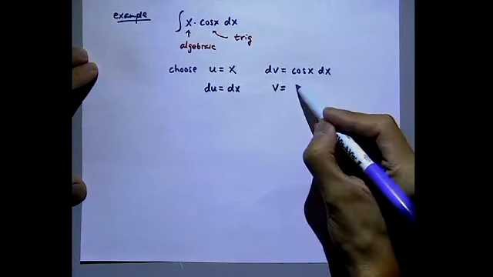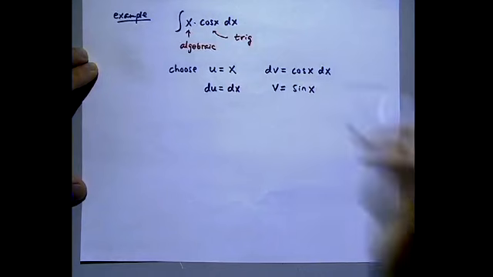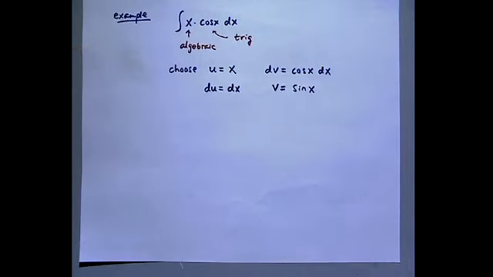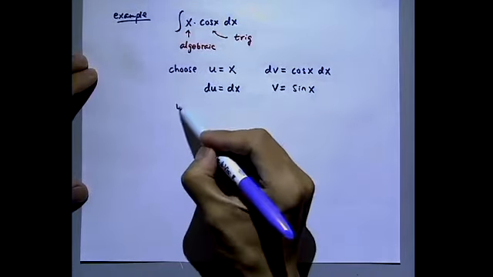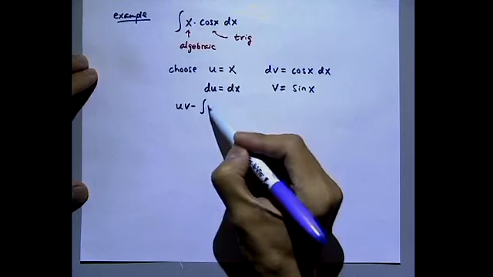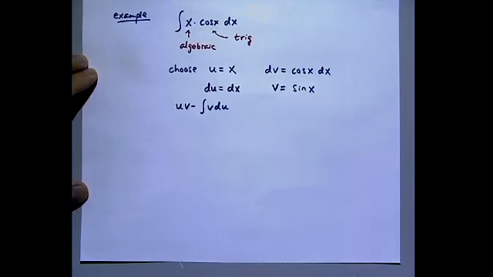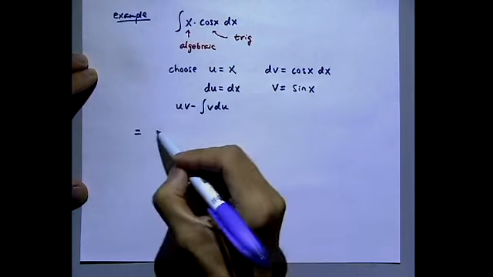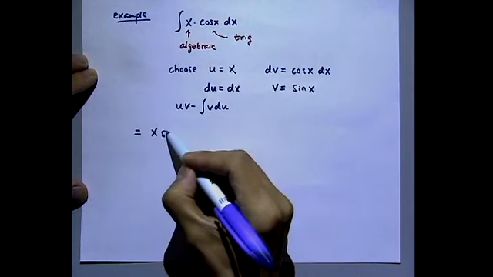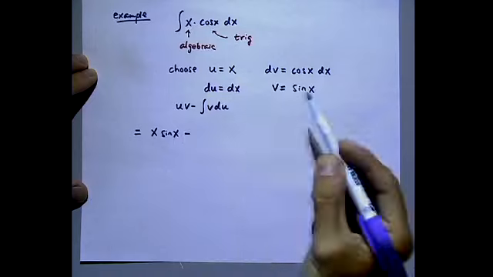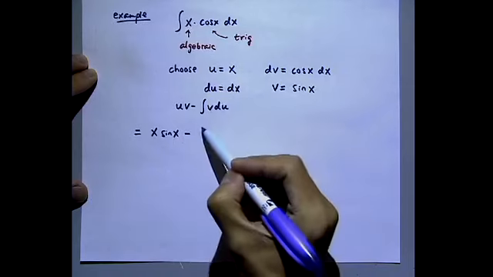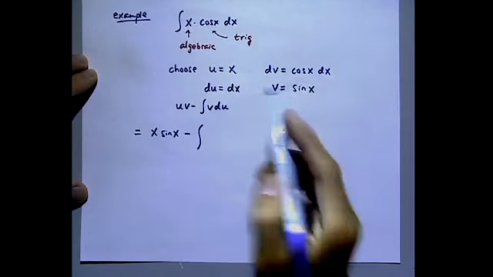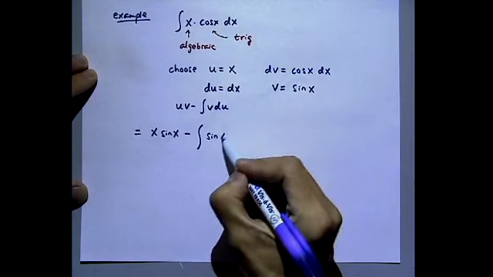Sine. Good. Okay, then we use our formula: uv minus integral of v du. And we get x sine of x minus, so that's uv, the integration of v du.